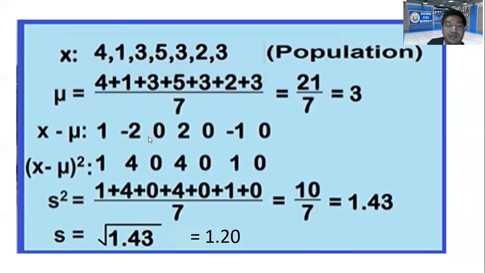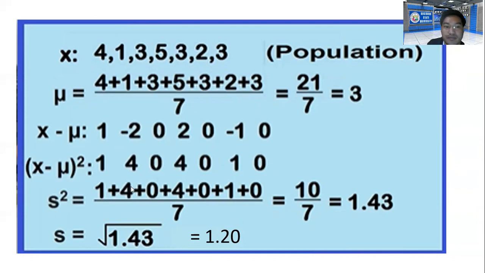And we need to square them because in the formula that we had a while ago, x minus mu, then squared. So 1 squared is 1, negative 2 squared is 4, 0 squared is 0, 2 squared is 4, 0 squared is 0, negative 1 squared is positive 1, 0 squared is 0. And then we add everything, the summation of it.